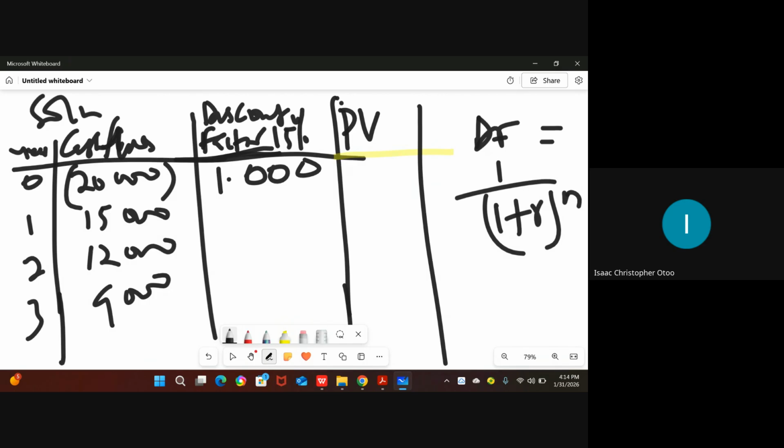Let's all try. Take your calculator. 1 into bracket 1 plus 0.15 raised to the power 0, because the N is 0. You see that you get 1.